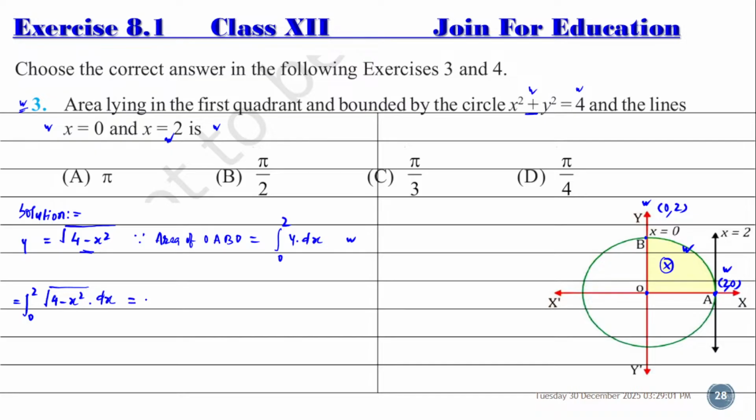So the integration of this one will be, we write down here x by 2 into square root of 4 minus x square plus a square by 2, it means 4 by 2 into sine inverse x by 2.